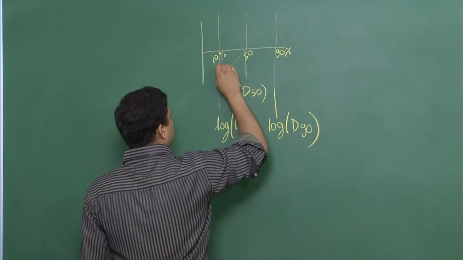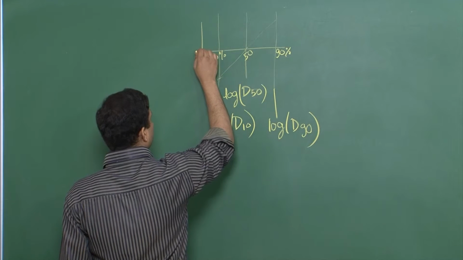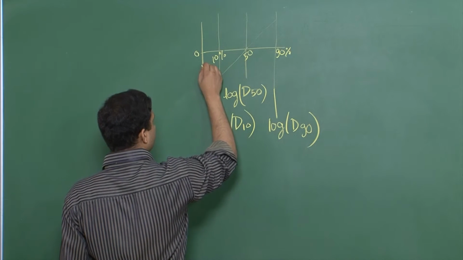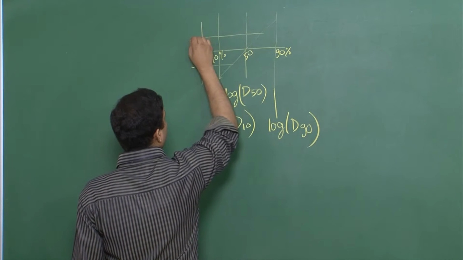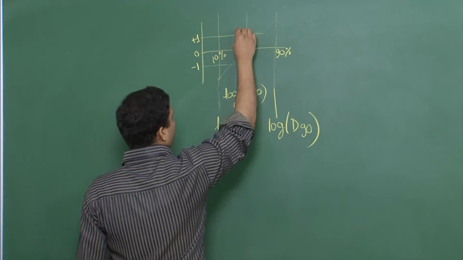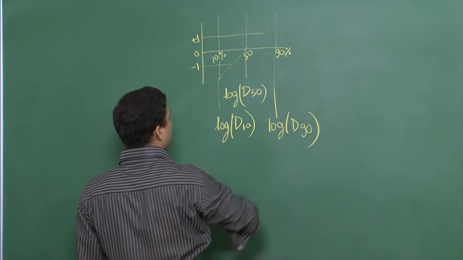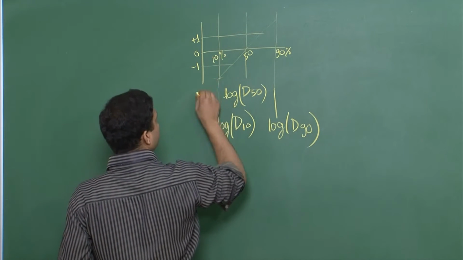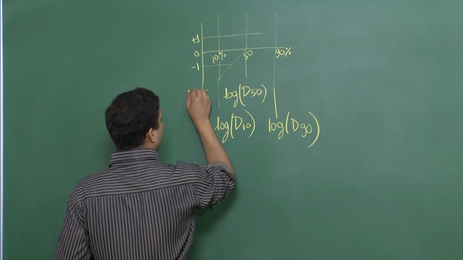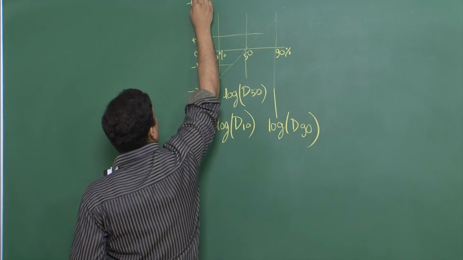And in between these, over here you have, we can call it standard deviation 0, somewhere over here you have -1, somewhere over here you have +1. So, in between these standard deviations you have, remember, 68.27% data, and somewhere over here you have -2 and +2.